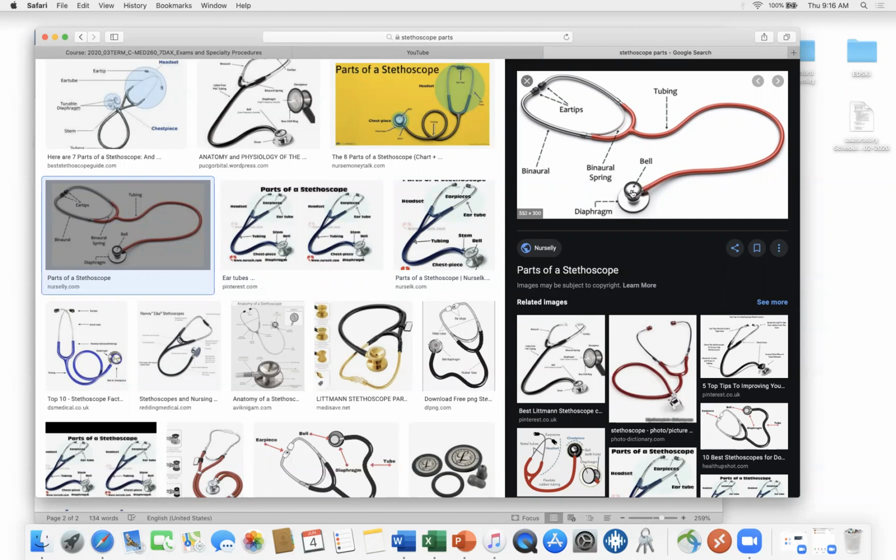The bell is usually used for cardiac, but can also be used for pulmonary. The bell is used for low frequency sounds, and the diaphragm is used for everything else. So that's auscultation. I'm trying to listen to lung sounds, heart sounds, and I could also listen to bowel sounds or sounds in your abdominal area, whether it be your stomach or your intestines.